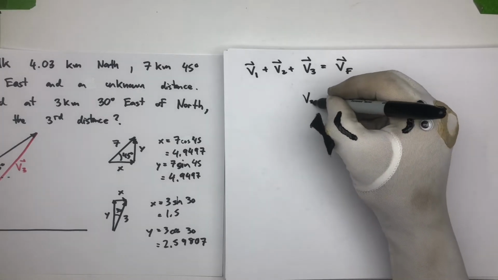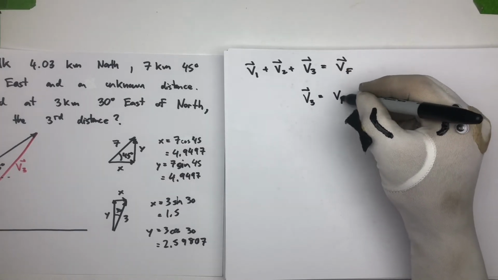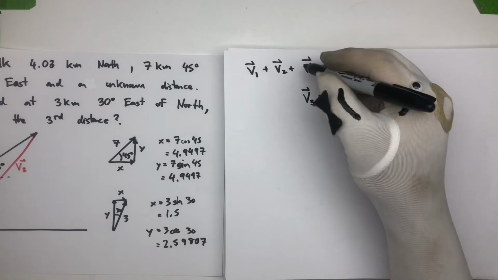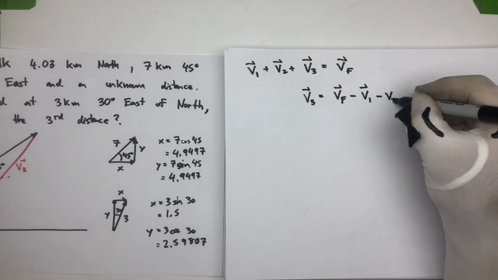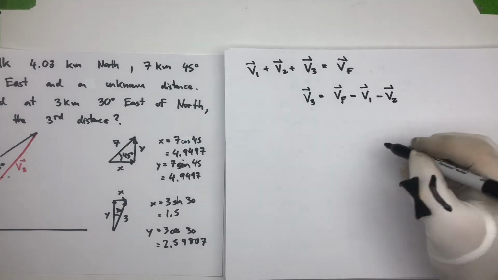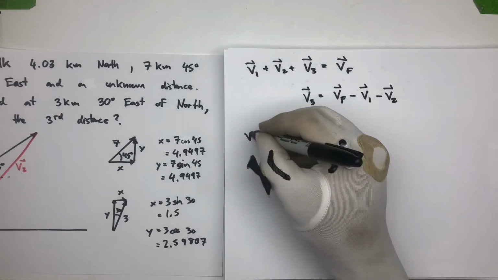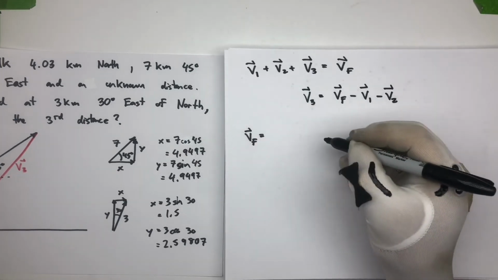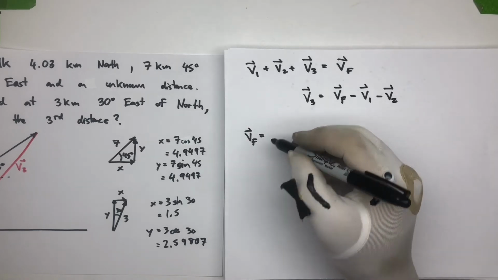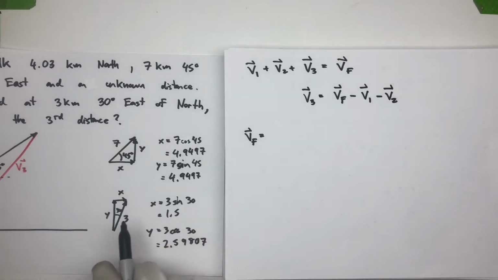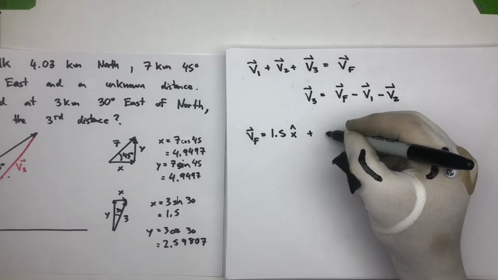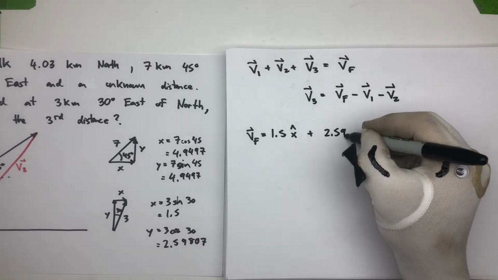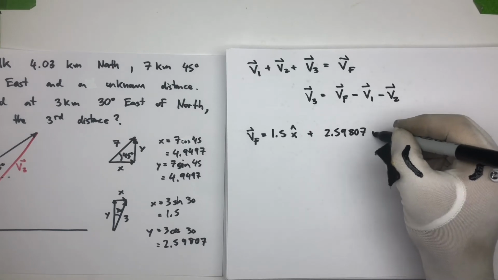So v3 is going to be equal to, it's like solving for x here, right? I'm just going to move the terms over. Minus v1 minus v2. So there's my new equation, and now I can solve for this. So v final vector is equal to, in the x direction, 1.5 x hat plus 2.59807 y hat.